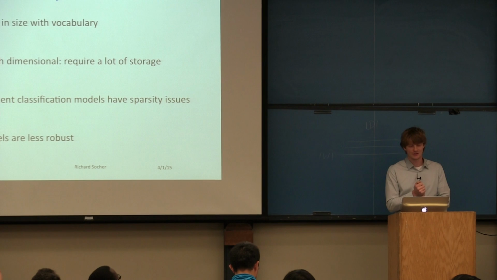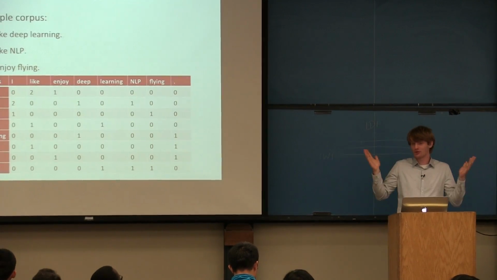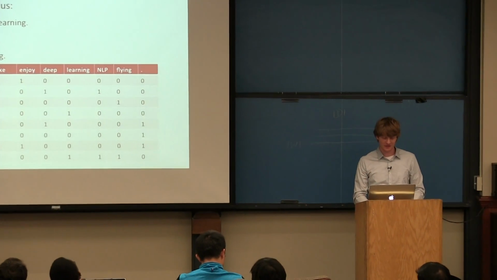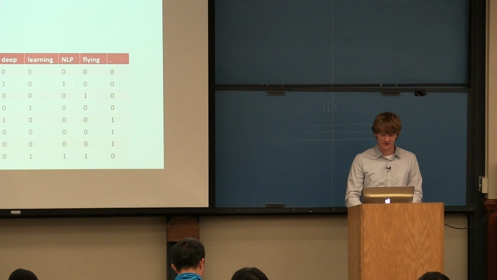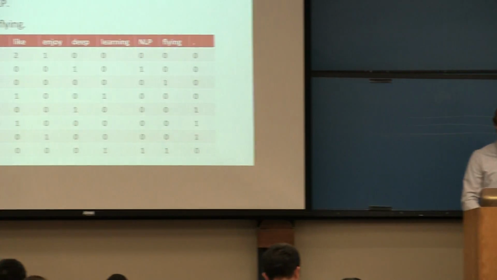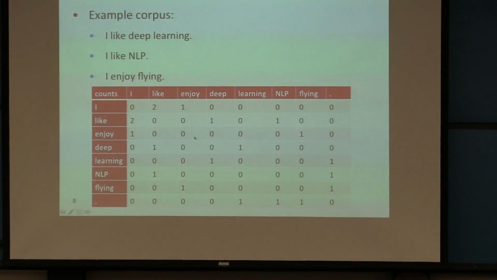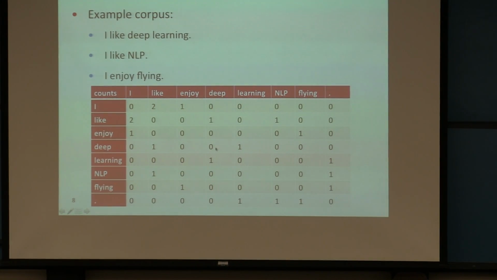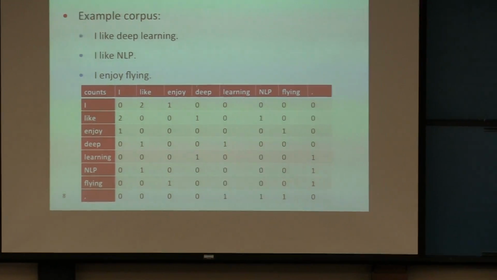Cool. All right, so we could now say, well, we're done, right? This is a vector, and in some ways it does capture that like and enjoy are actually more similar, right? They have a big overlap here, whereas enjoy and deep has no overlap. So this is 0, and enjoy and like are more similar. So we actually have a vector representation now that gives us some notion of similarity already.